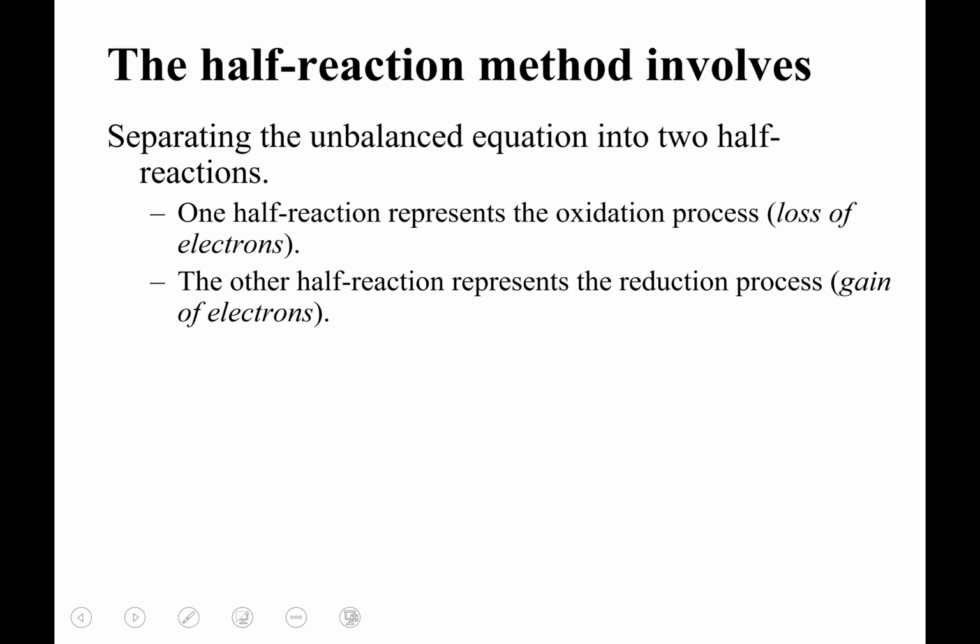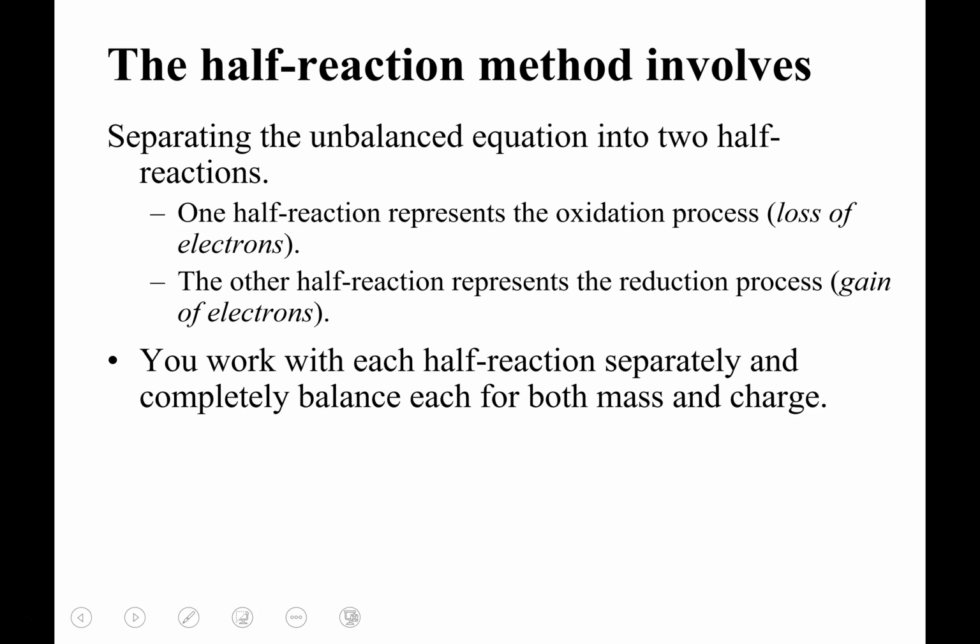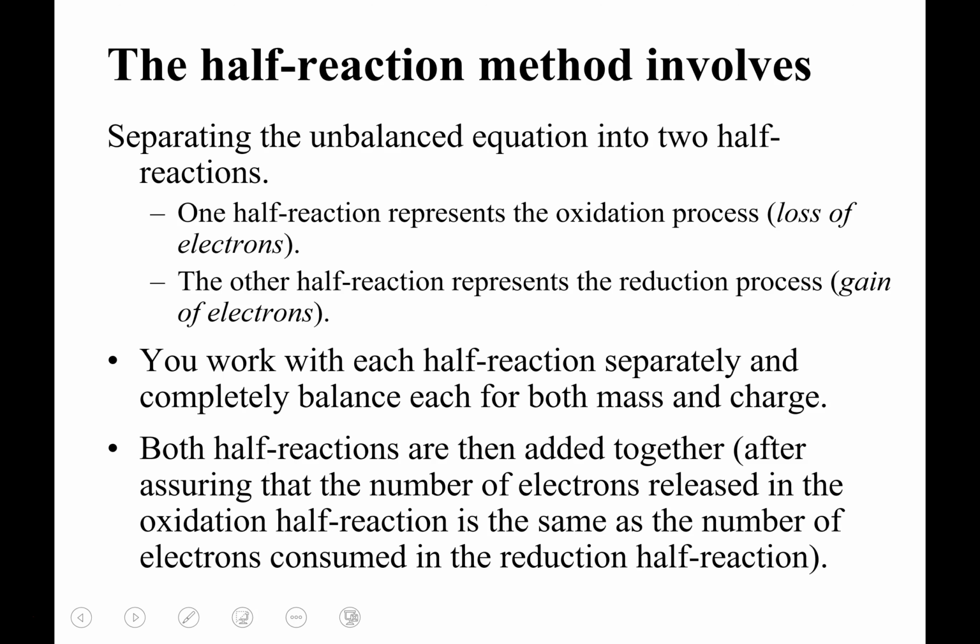Reduction occurs at the cathode, and it's the taking in of electrons, and you're going to see its oxidation number decrease on the product side. We're going to work with each half reaction separately until we get them just how we want, and then we're going to add them together at the end. So it's fun.